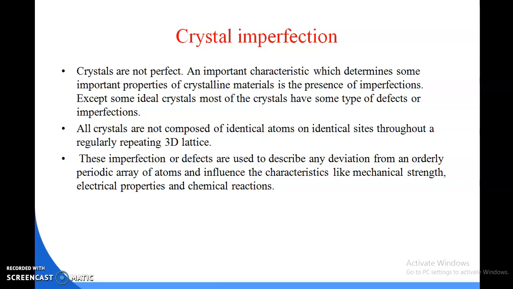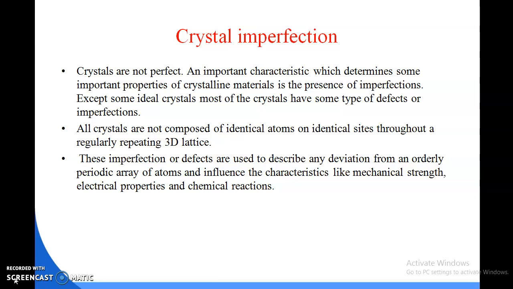These imperfections or defects are used to describe any deviation from an orderly periodic array of atoms and influence characteristics like mechanical strength, electrical properties and chemical reactions. So, in a crystalline solid, when the ideal arrangement is distorted around a point or atom, it is called a point defect. The crystal imperfection has various types.